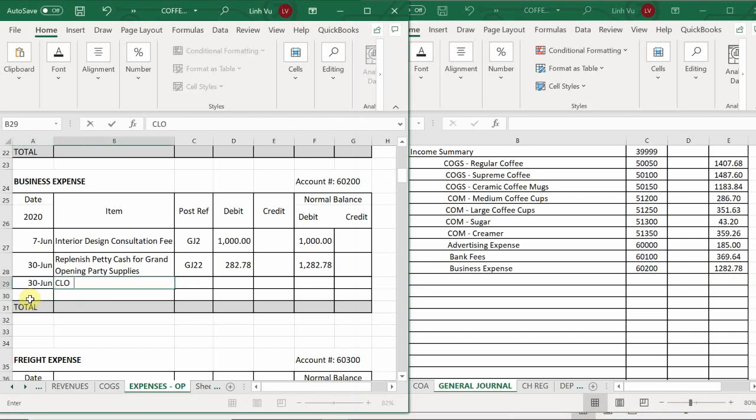June 30th, we're closing this account out. General Journal 25 for 1282.78. Which should give you an account balance of 0.